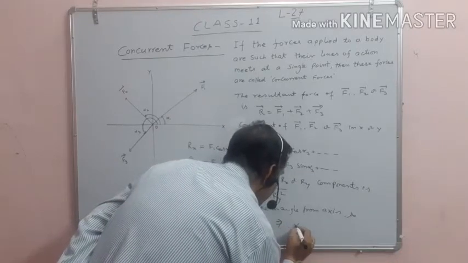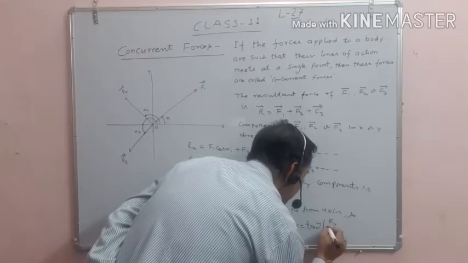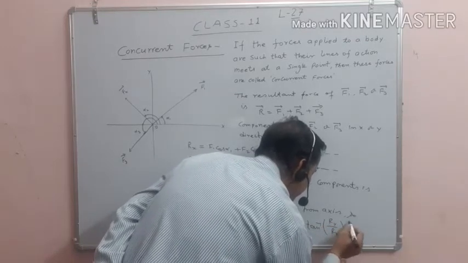Therefore alpha is equal to tan inverse of Ry upon Rx.